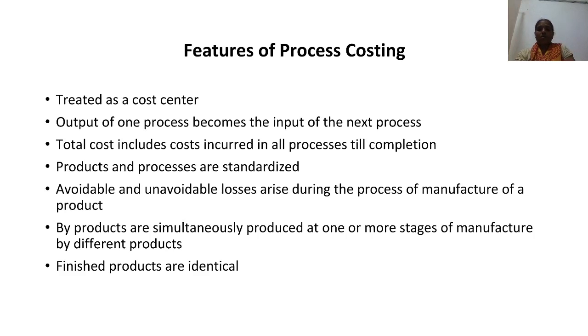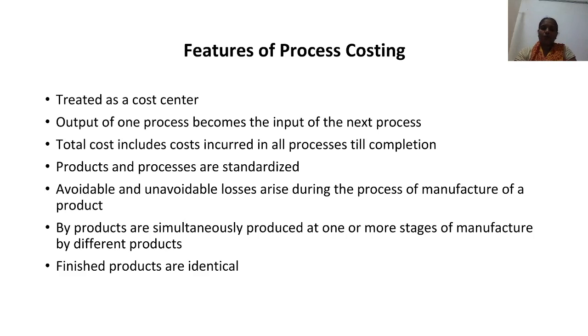Next one, the byproducts are simultaneously produced at one or more stages of manufacture in different products. Some products have byproducts, some products don't have byproducts. Like while manufacturing sugar, we have byproducts such as jaggery and molasses.